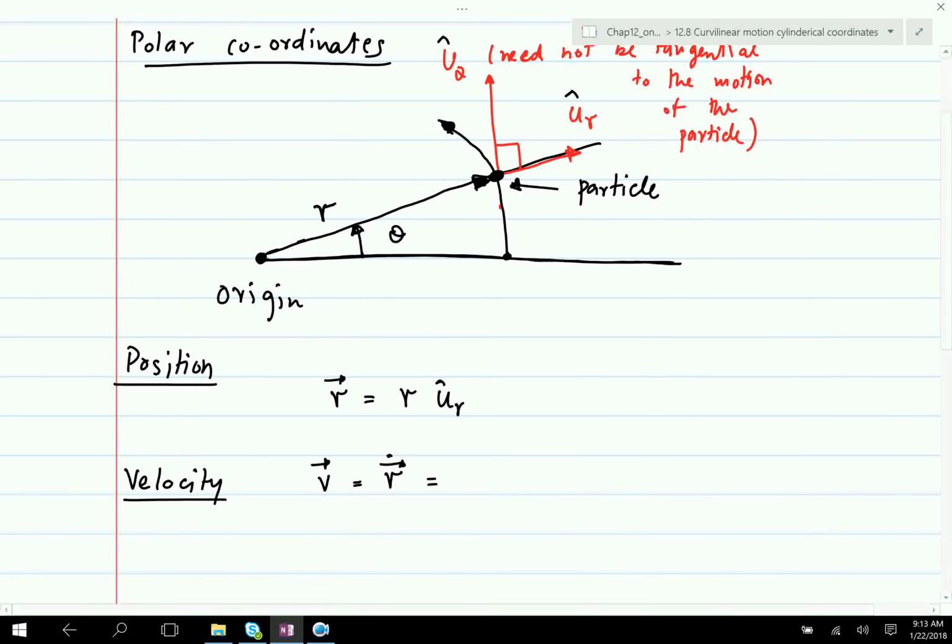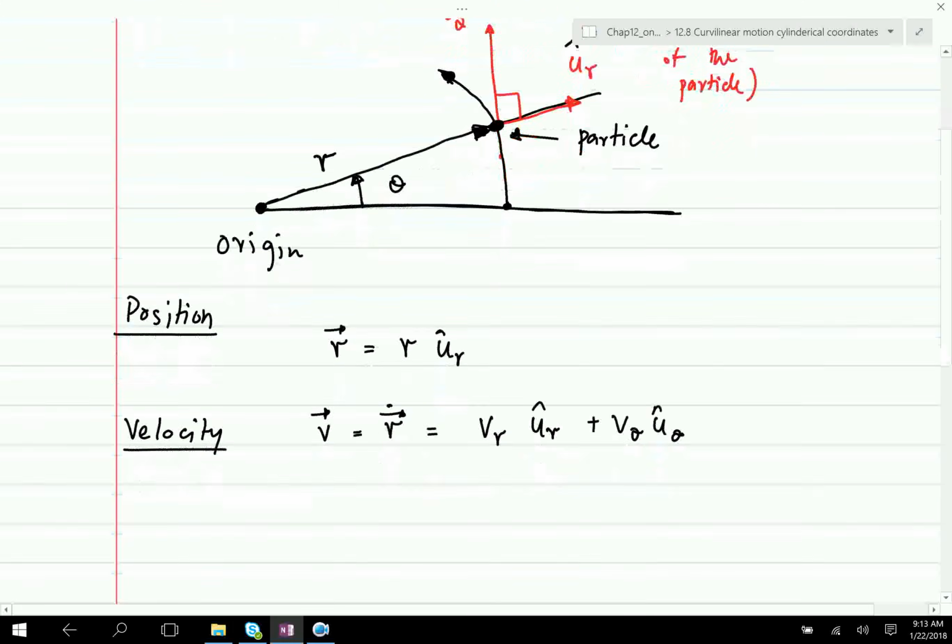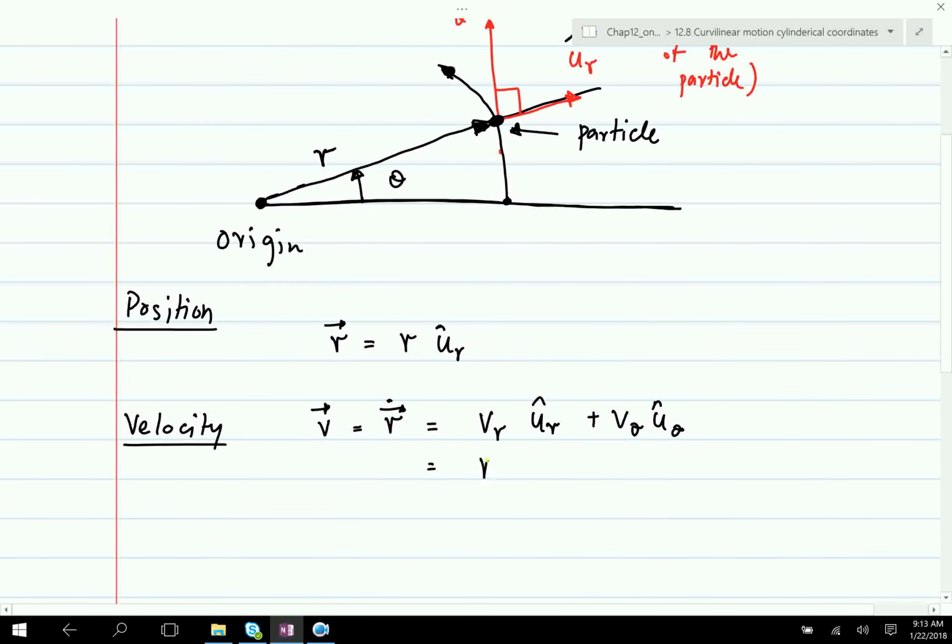I'm just going to write the formula. It has two components. There's a vr, which is along ur, and there's a v theta along u theta. So vr is r dot, and v theta is r times theta dot.